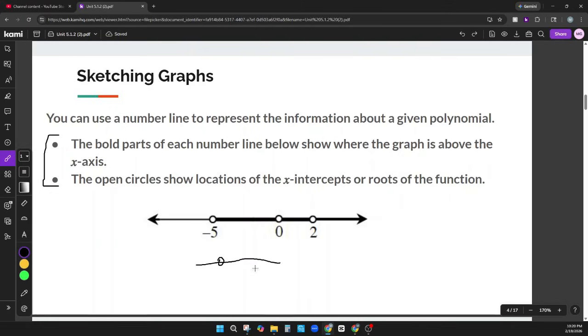Specifically on our number line, we know that this is painting a picture of a certain polynomial. And it's saying, hey, this polynomial, this function, crosses through my x-axis at -5, 0, and 2. And what's happening is that there are certain areas where my line is above the x-axis.